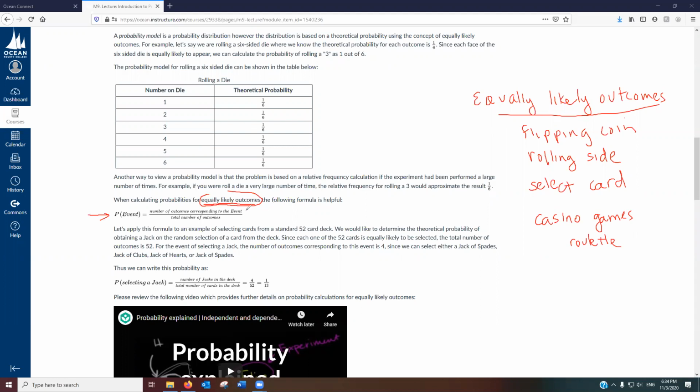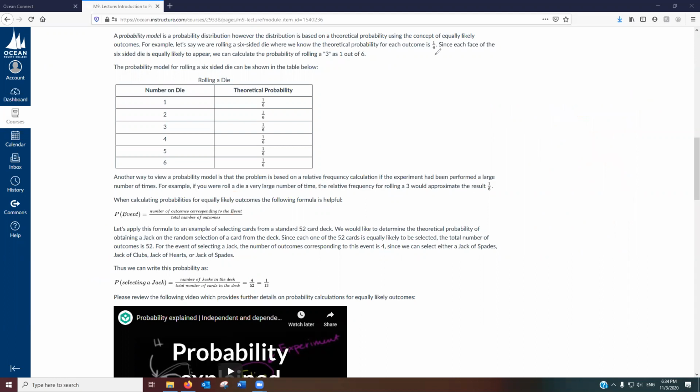You take the number of outcomes for the event you're interested in and divide by the total number of outcomes. So here's an example. What if we want to know the probability of selecting a jack from a deck of cards? Well, I ask myself, how many jacks are there? There's 4 jacks. How many cards total are in the deck? 52. 4/52 is the probability of selecting a jack.